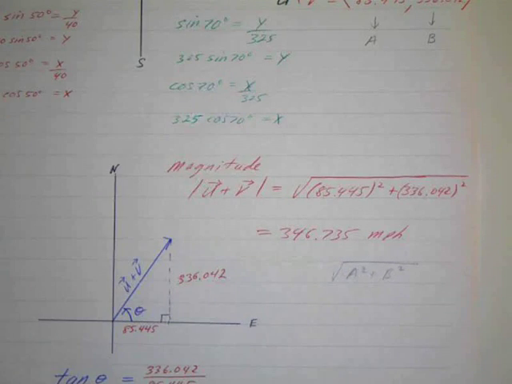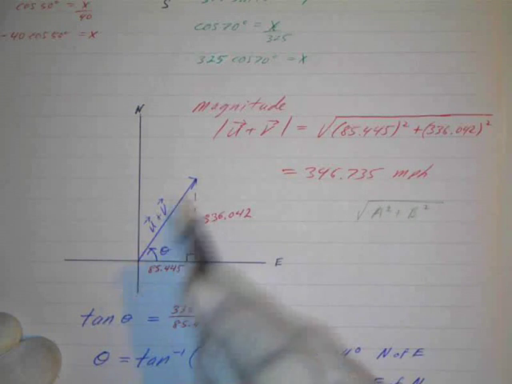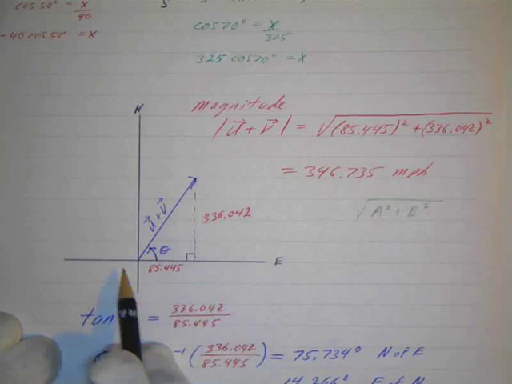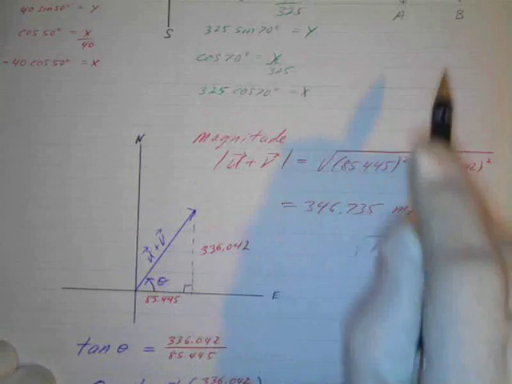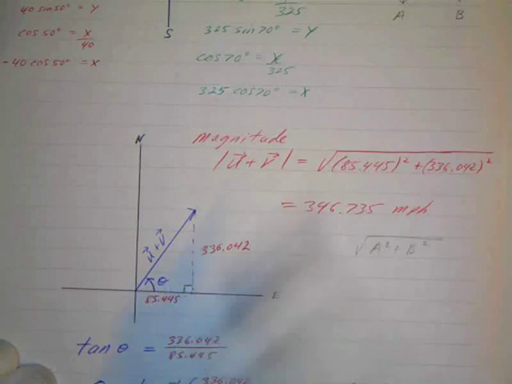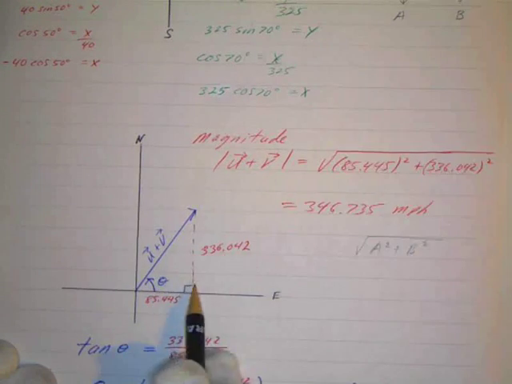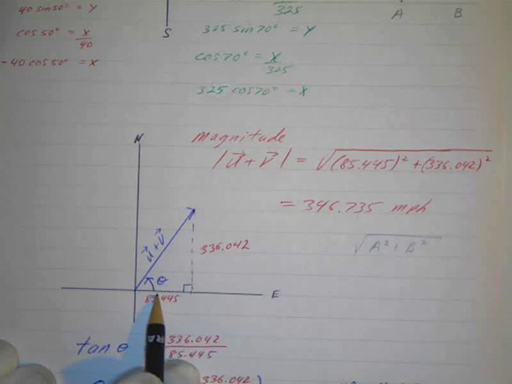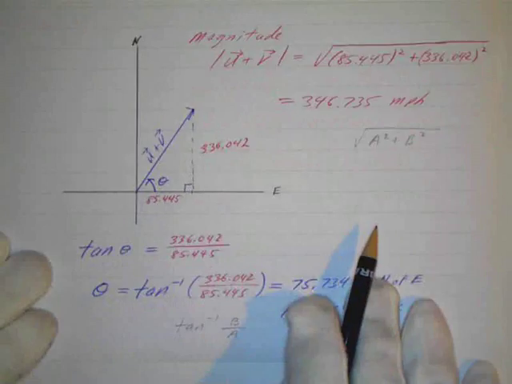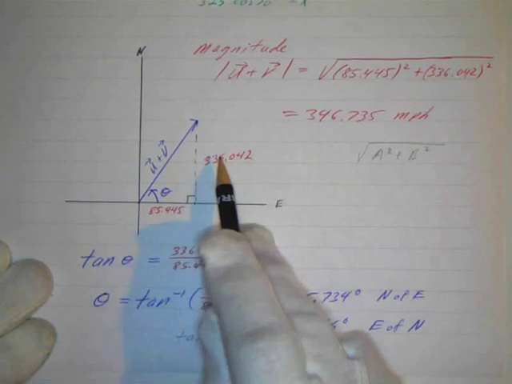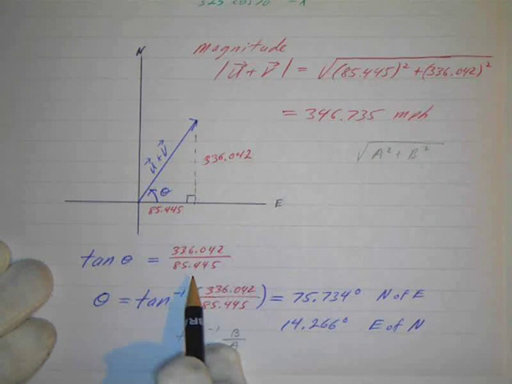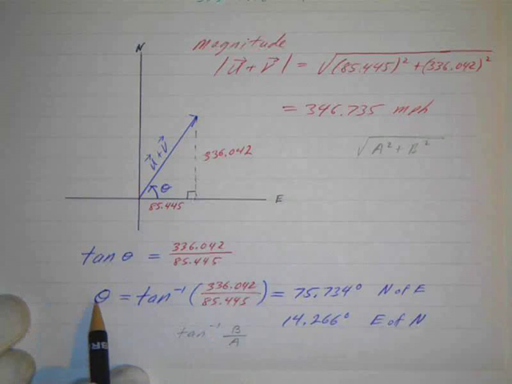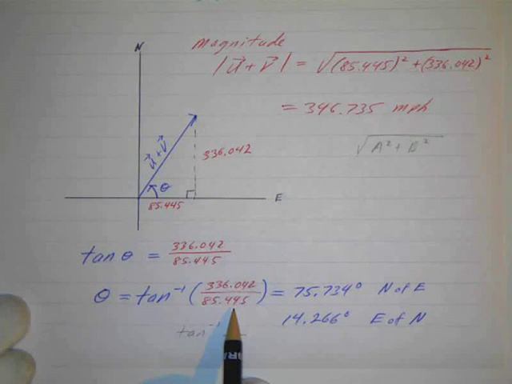Okay, now we also want to find the angle, so this is my resultant vector u plus v, and we know that the vertical component is 336.042, and this is the horizontal component. We want to find our actual angle, so we know that the tangent of theta will be the opposite over the adjacent. So my angle will be the angle whose tangent is the opposite over the adjacent. We've already got that.